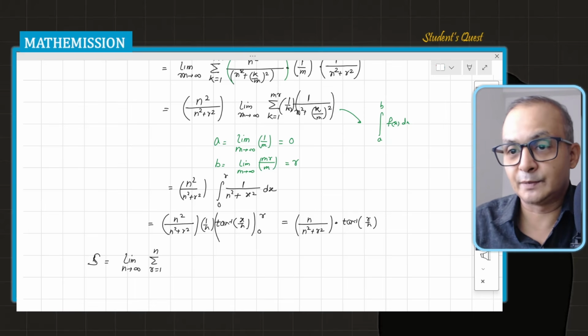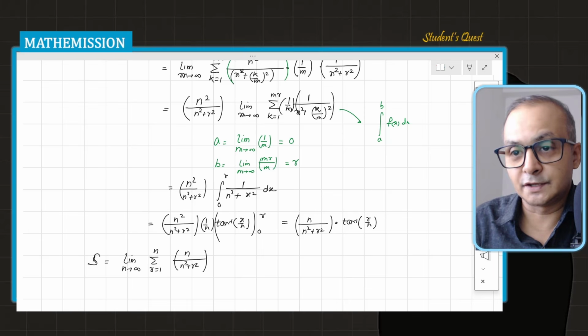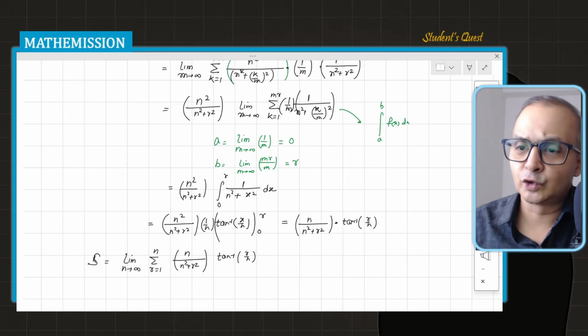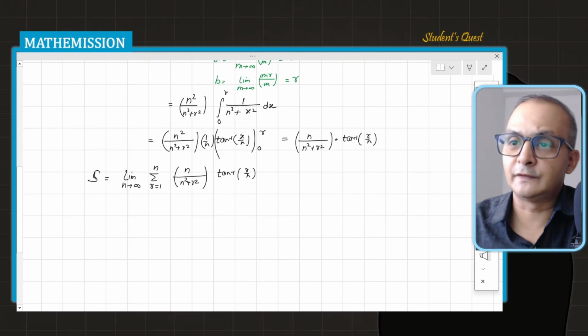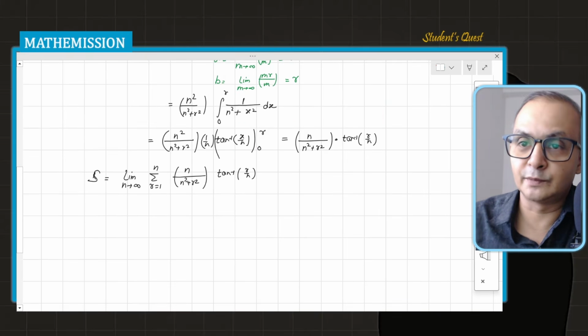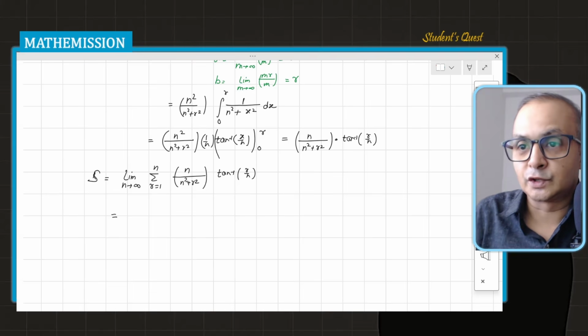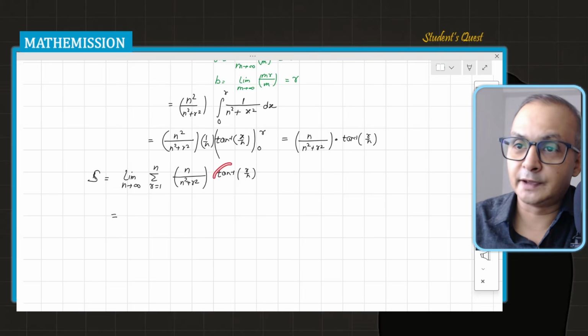Now this can be written as n by n square plus r square, I'm just copying first, and tan inverse r by n. And there's no such brainy thing here, because you have tackled this kind of situation many times in practice. So this is already a function of r by n.